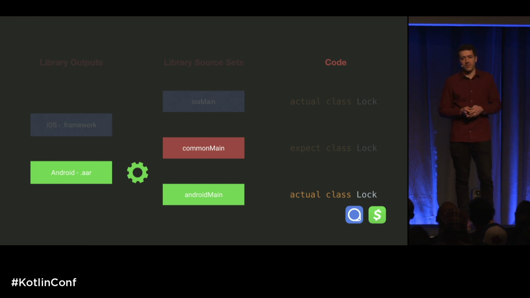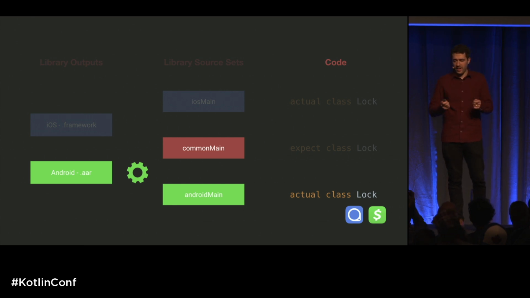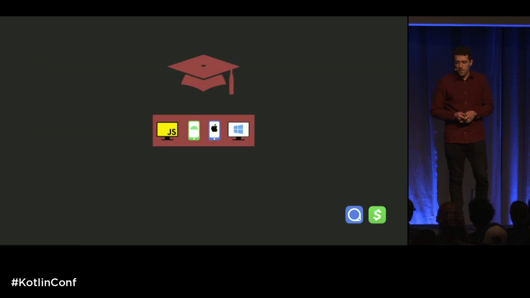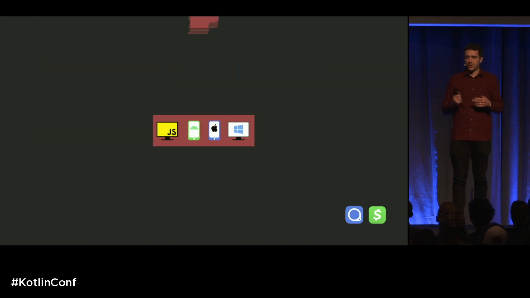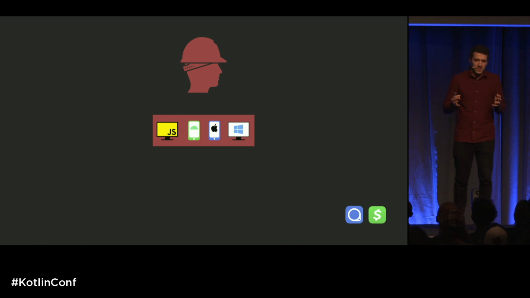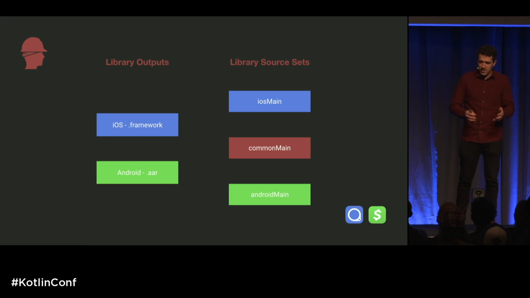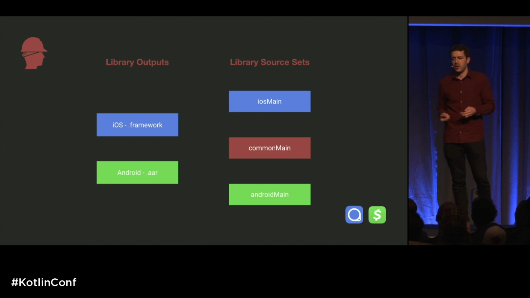And that's just a quick overview of how common code works if it's your first time trying to understand how this works. All right, so that's it for education, and we're going to move right along into actually building out your shared library. I've been talking about things in terms of these source sets, and when we're thinking about building out our shared library, it's important to think critically about the platform-specific code that you add to your library over time.